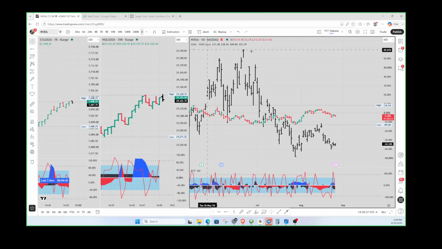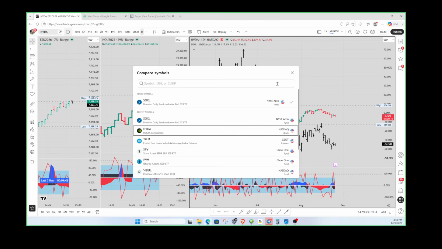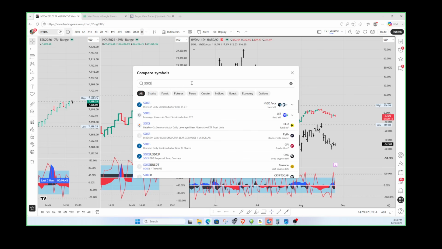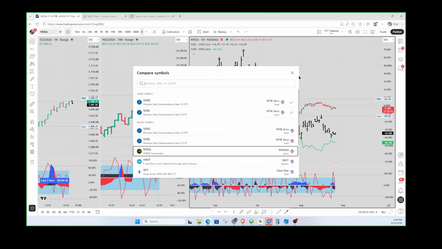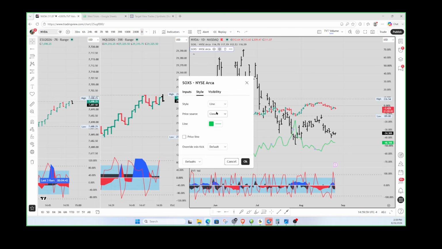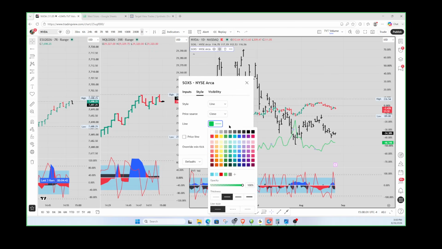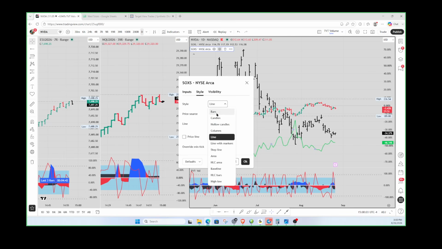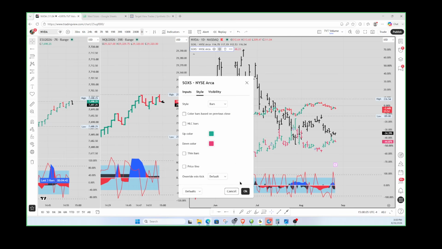So that's the SOXL. Now, if we put in one more, this little guy, and this is one of my favorites, SOXS. I'm going to say same percent scale, and we'll leave it green, but I'm going to change it from a line to bars, and not thin bars.